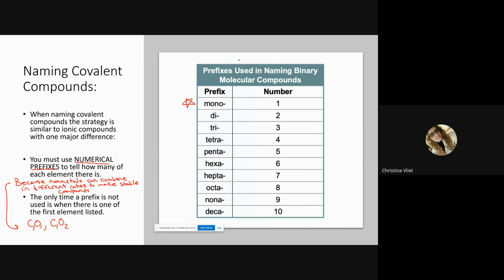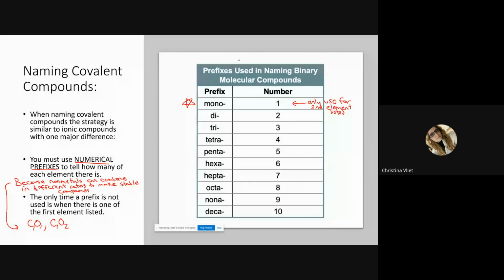If there's only one of the first element, you don't use it. So you only use it for the second element listed. But for everything else, 2 through 10, you use prefixes for both elements. So if I've got 2 of the first element or 2 of the second element, I use di. But mono, I only use if I have one of the second element.